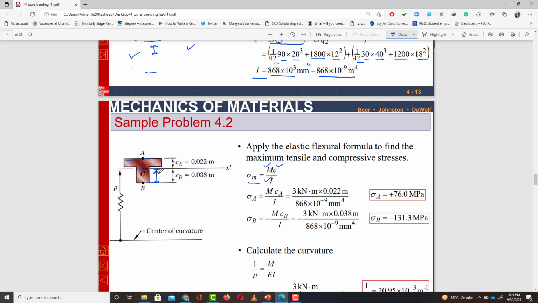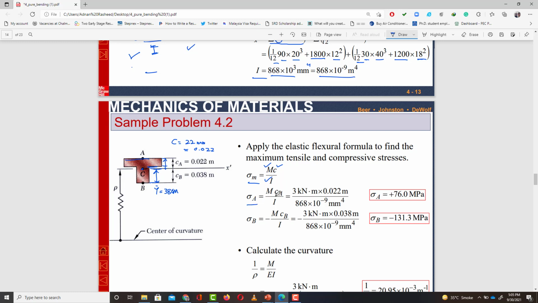This distance was y dash, and that is 38 mm. So this gap was 2 plus this distance was 20, so total from this point to this point, this C is equal to 22 mm. When you convert into meters, that will be 0.022.